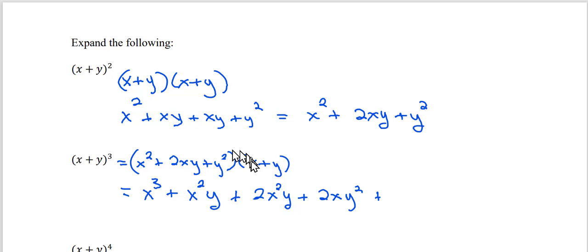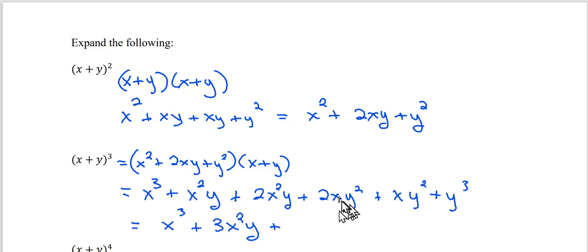Now we take the y squared to each: xy squared plus y cubed. Let's combine some like terms here. We have x squared y and 2x squared y, which gives me 3x squared y. The xy squared terms combine to give me 3xy squared plus y cubed.